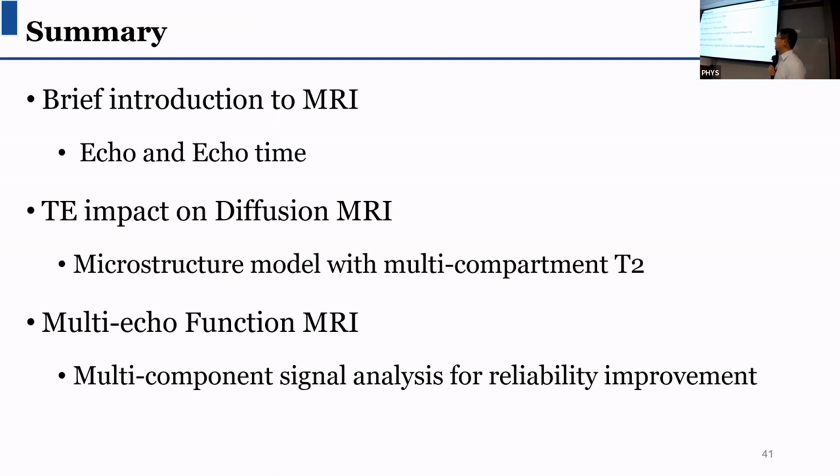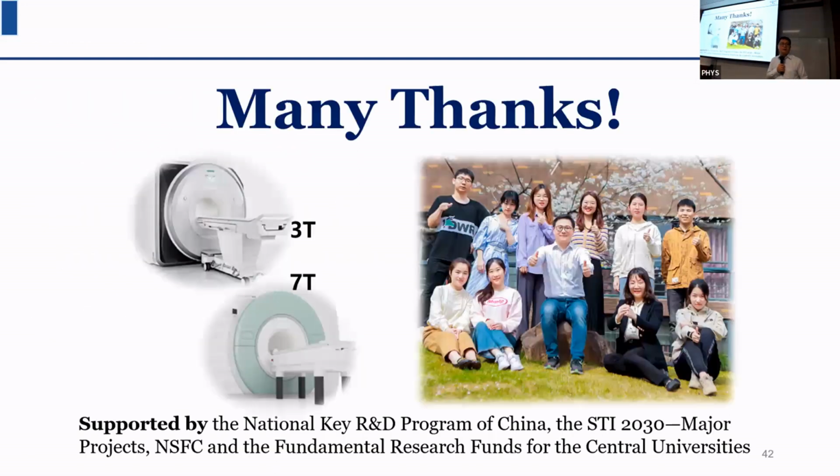And the last part is multi-component signal. Even though we only collected the BOLD signal, we can separate it into different components, the T2-sensitive and the non-T2-sensitive. So with this multi-component signal, you can get much more reliable results. I want to finish my talk here, and thank you for your attention.